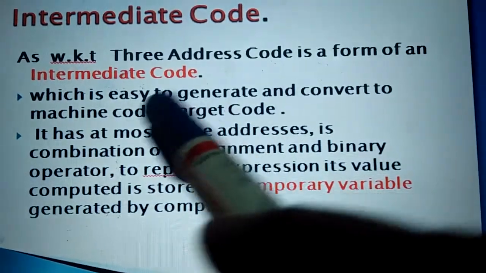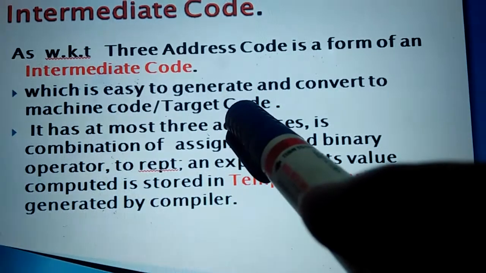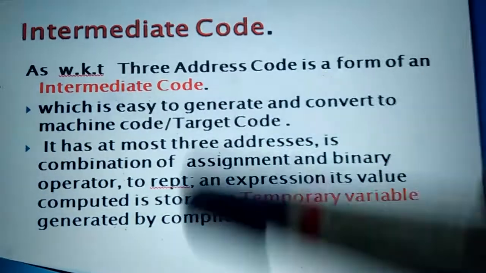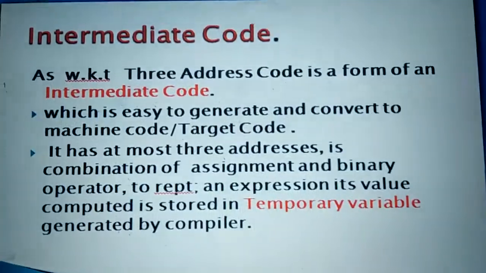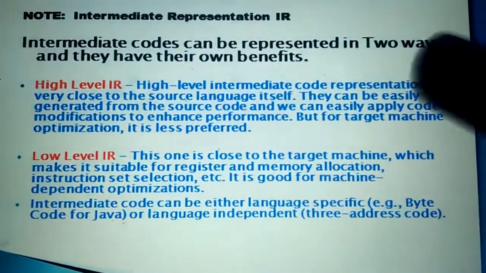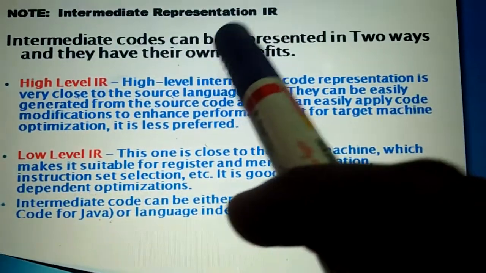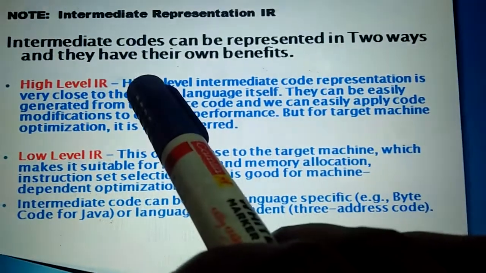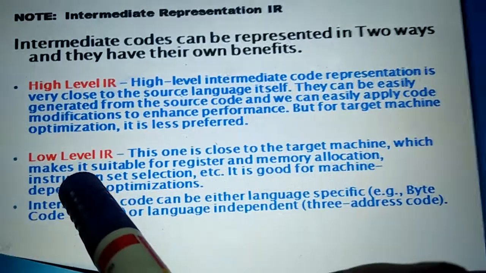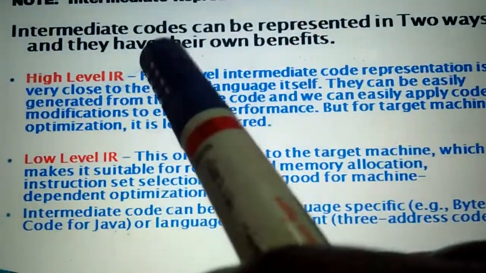It is required to improve the computation speed and for better utilization of the memory. Furthermore, the intermediate representation is of two kinds: the high level intermediate representation and the low level intermediate representation.